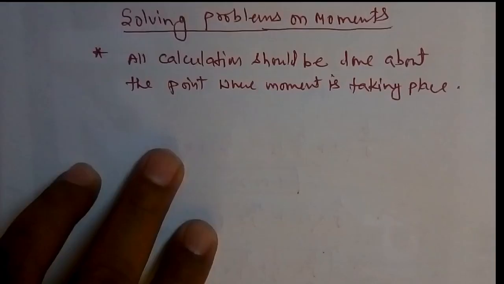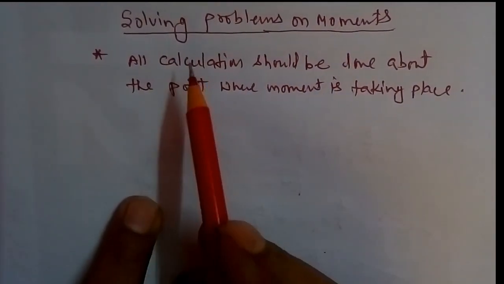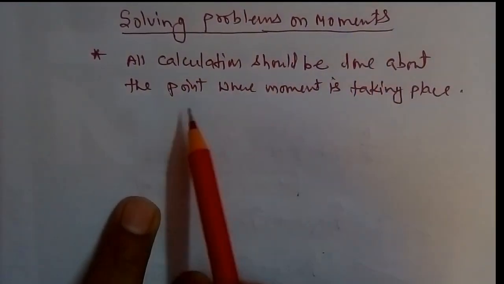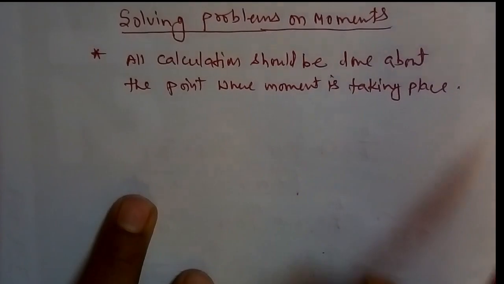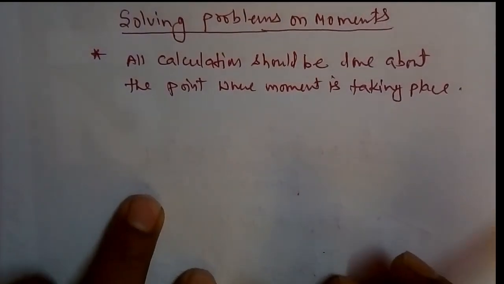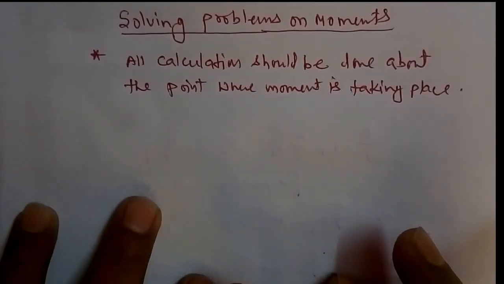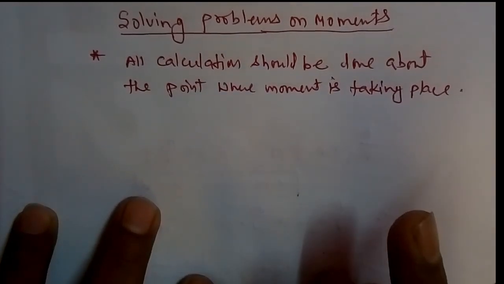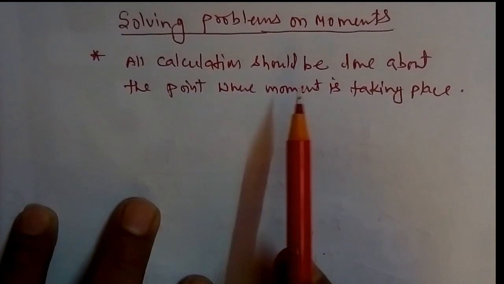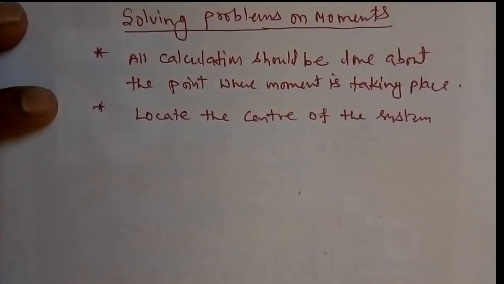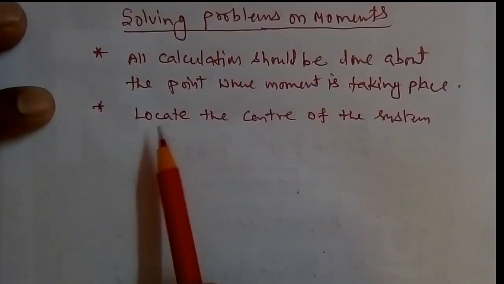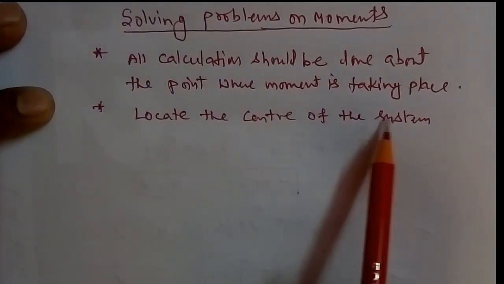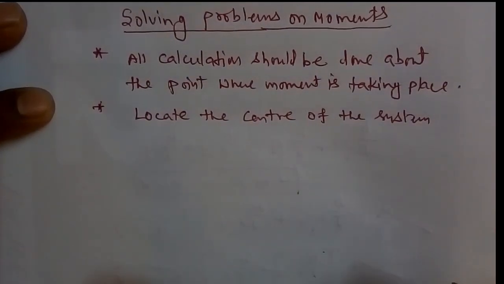Students, all calculations should be done about the point where the moment is taking place. So make sure that when you calculate the distance while solving the problem from the diagram, all the calculations are done about the point where the moment is taking place. Second point I would like to stress is to locate the center of the system.